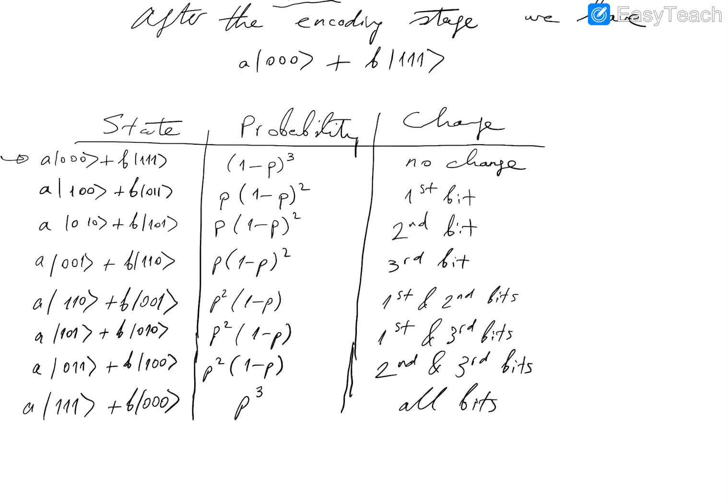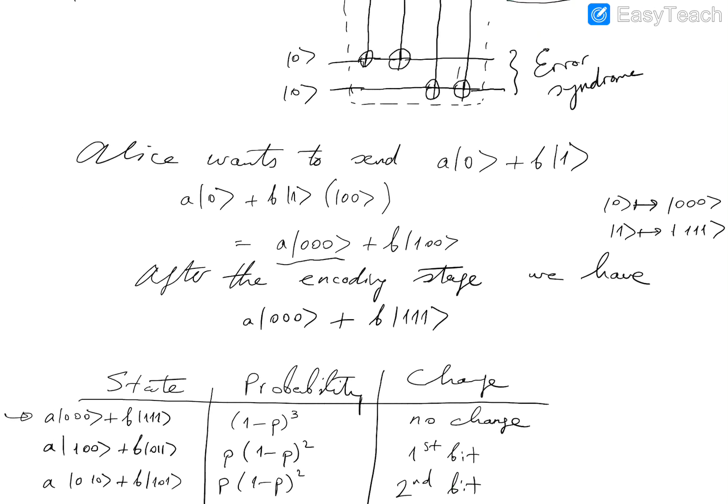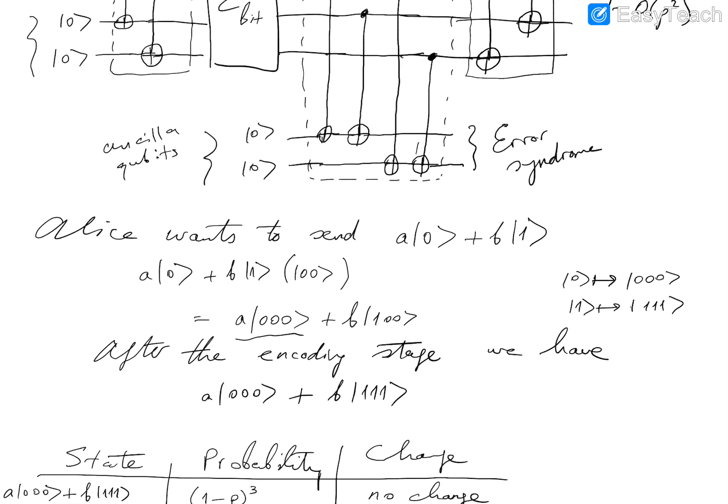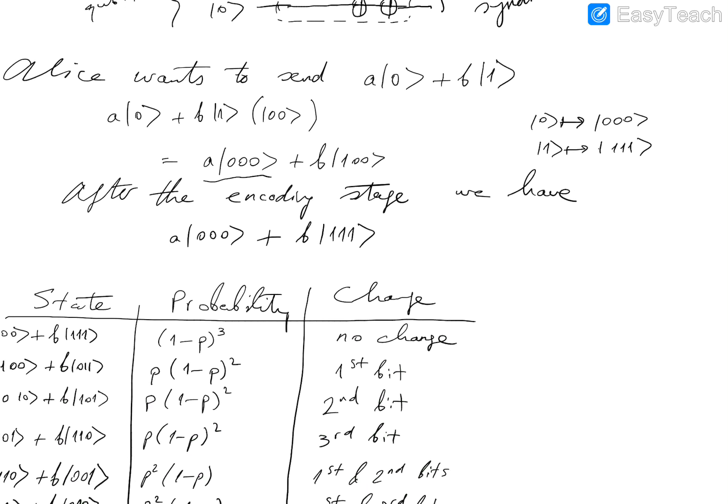All right, so now Bob prepares two more qubits, ancilla qubits, both set to 0. And Bob's going to use these qubits to gather information about the error.